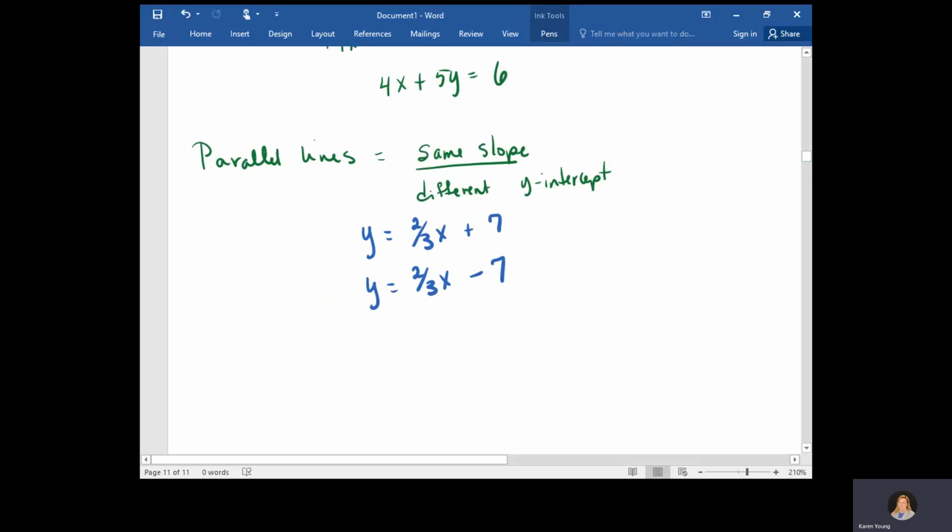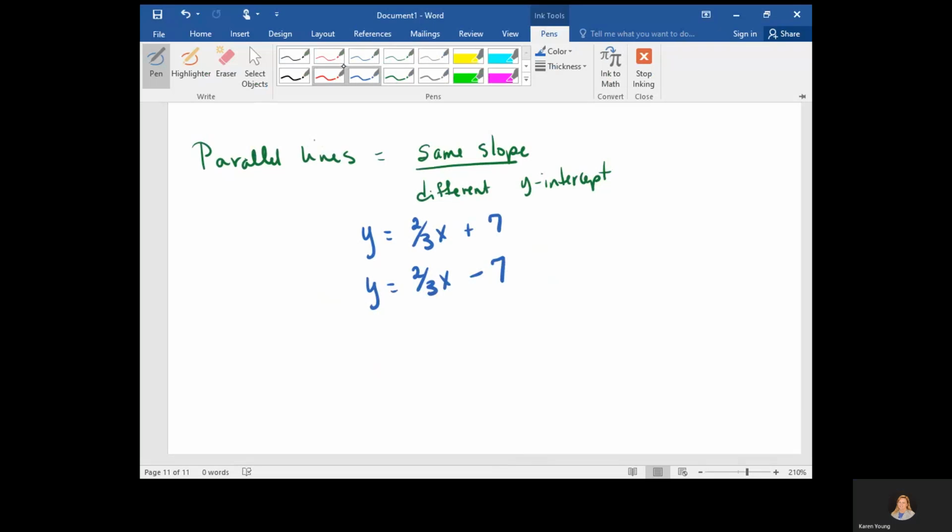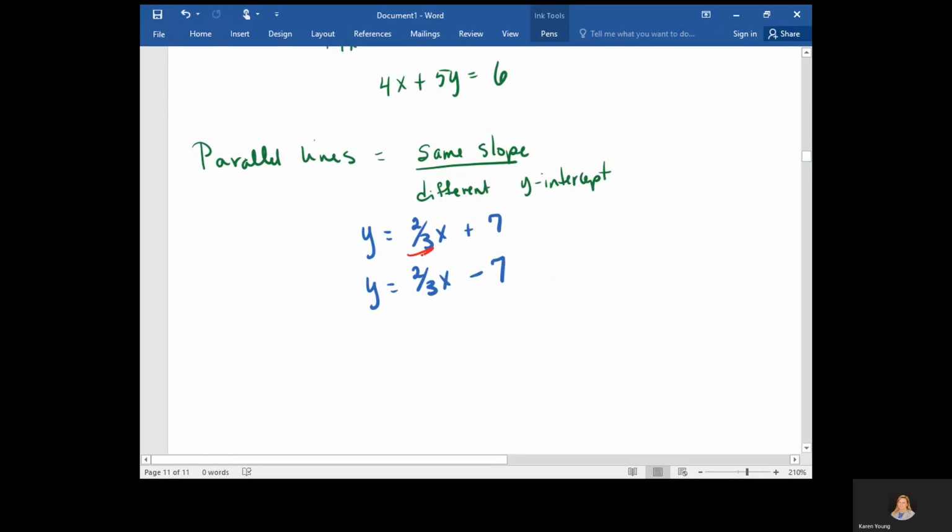One crosses the y-axis at +7, the other crosses the y-axis at -7, but they're still parallel lines because 2/3 is the slope for both of them. So our slopes are the same.